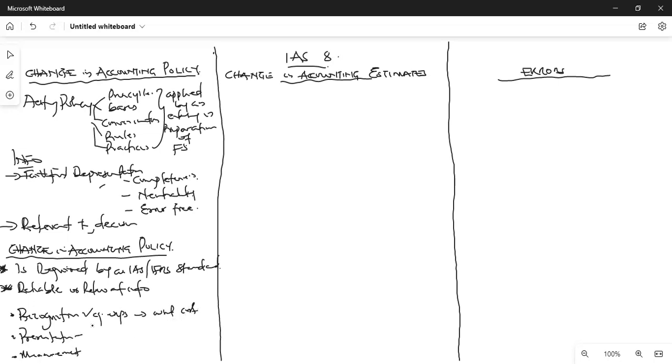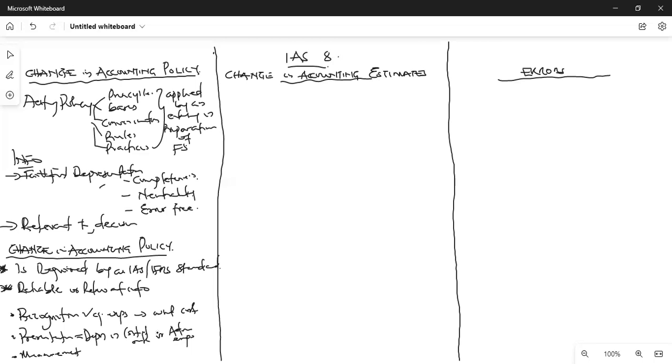Presentation, I gave you an example. If there is a change in the presentation, then it is a change in accounting policy. For example, we are talking about presenting depreciation in cost of sales or admin expense.